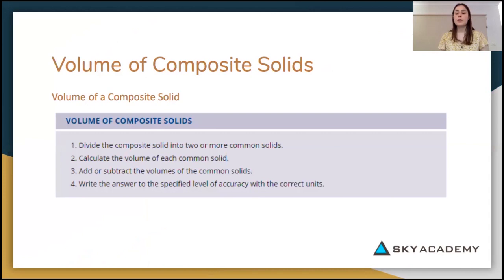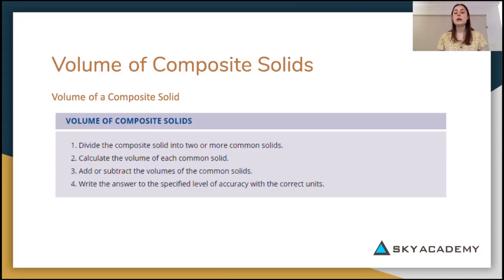So this is applying our knowledge of volume of random shapes to real life applications. When we're doing the volume of composite solids, you need to divide the solid up into separate groups. If you're doing a cylinder and a rectangle, you can't find the volume for both of them combined.